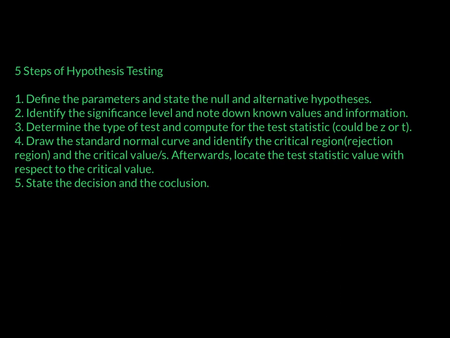Number 1, you need to define the parameters. So you have to set the values for the variables. Is it the mu for the population, sigma for standard deviation, and so on. So we have to define the parameters before we can use them, and then state the null and the alternative hypothesis.